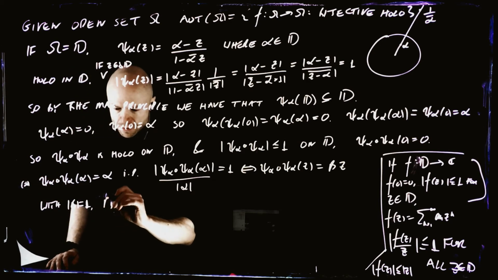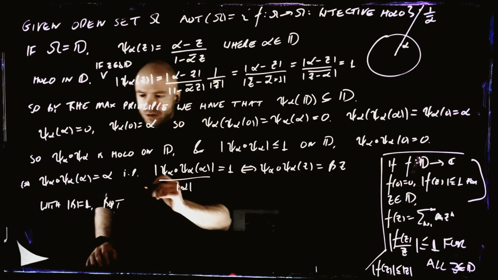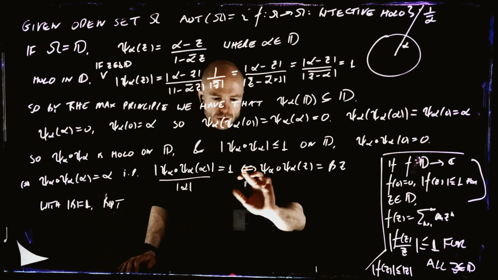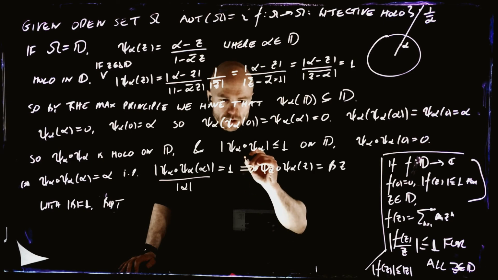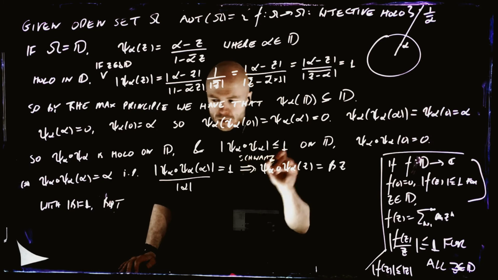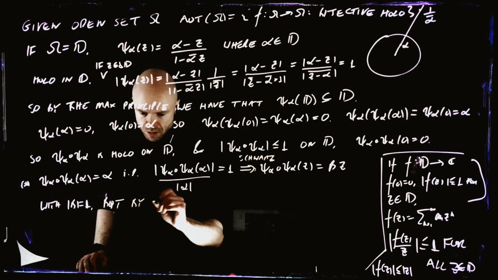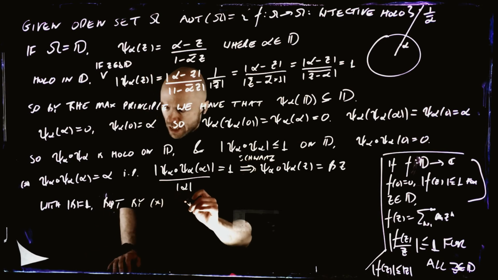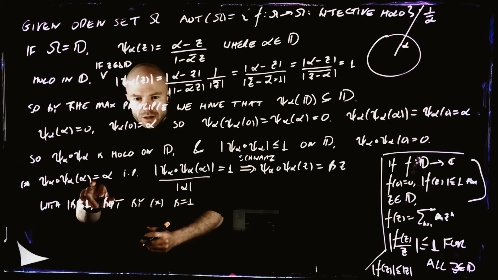But so it's not reciprocal, this is a one-way direction. So this is Schwarz. But by star, we have that beta can only be 1 because this is just not true unless it's equal to 1, right?